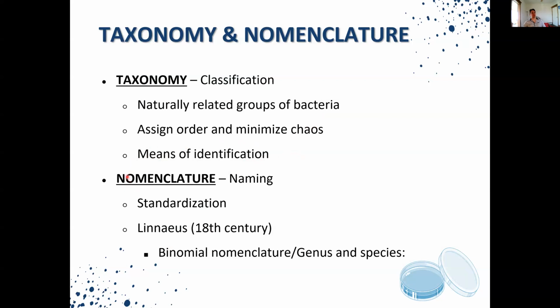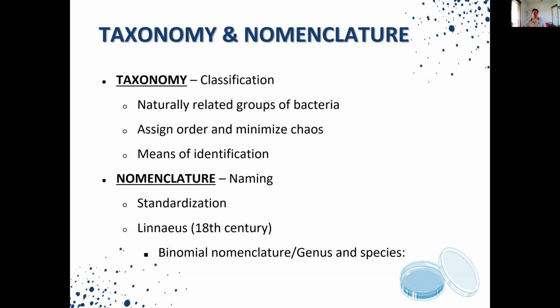Then nomenclature, which is a scientific name given to organisms because it provides commonality across all languages and all regions. It provides standardization. So regardless of where in the world you are, if you use the scientific name for an organism, it remains consistent. It just makes it easier to communicate about these organisms. Then Linnaeus gave us the standard naming system, which was based on Latin.